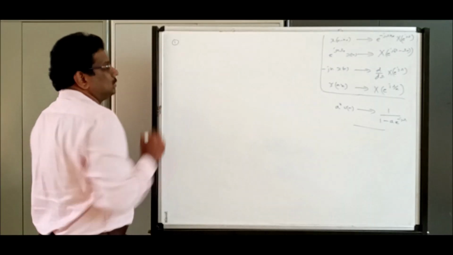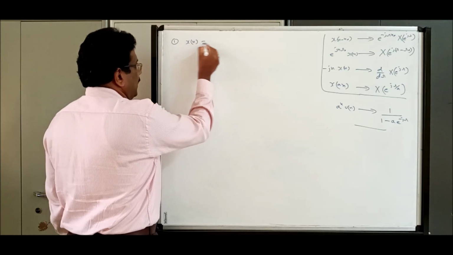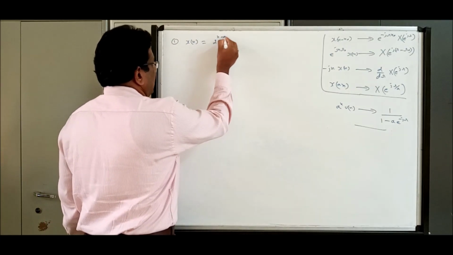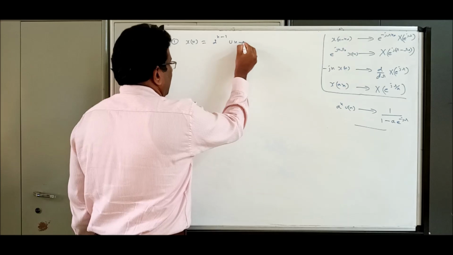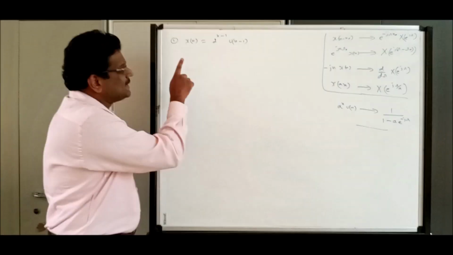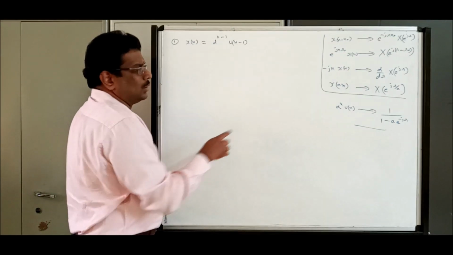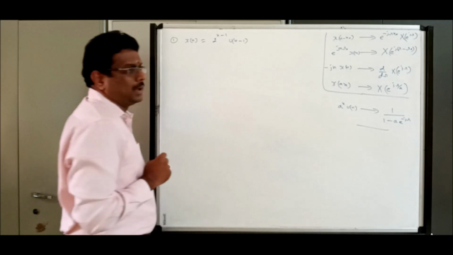Let us do the first problem using the properties. x of n is equal to 2 power n minus 1 u of n minus 1. There is a time shift of minus 1, which resembles the time shift property.